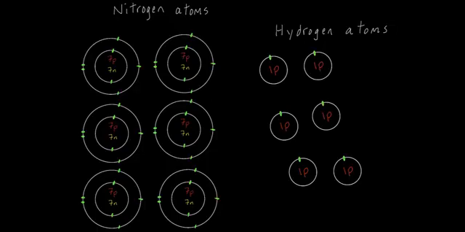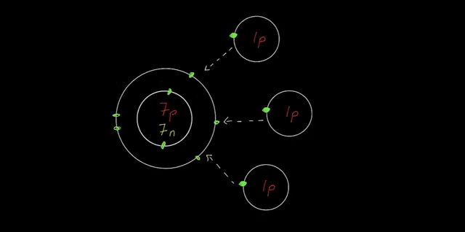Stop the video for a minute or two while you think about it. Here's what happens. The nitrogen atoms have 3 unpaired electrons. The hydrogen atoms have only 1 unpaired electron each, meaning 3 hydrogen atoms can share their unpaired electron with 1 nitrogen atom.